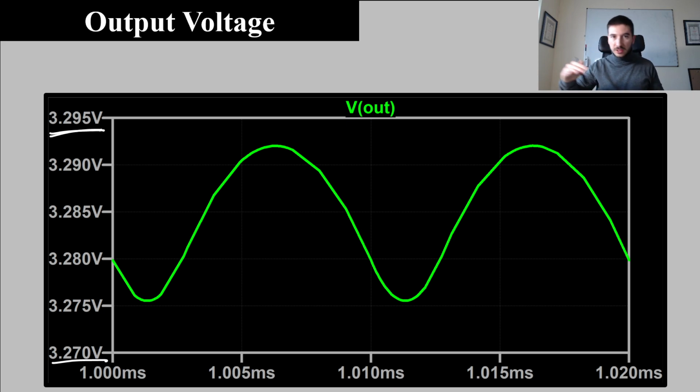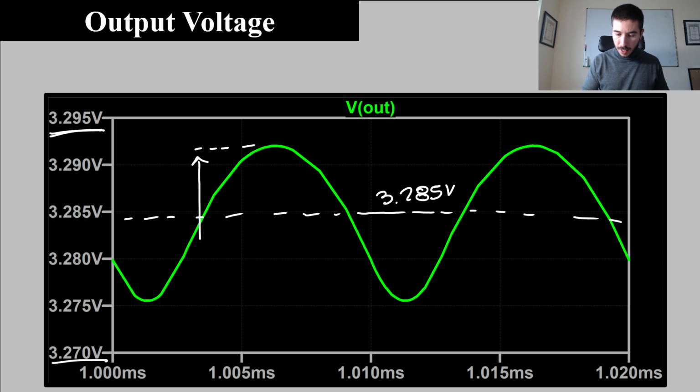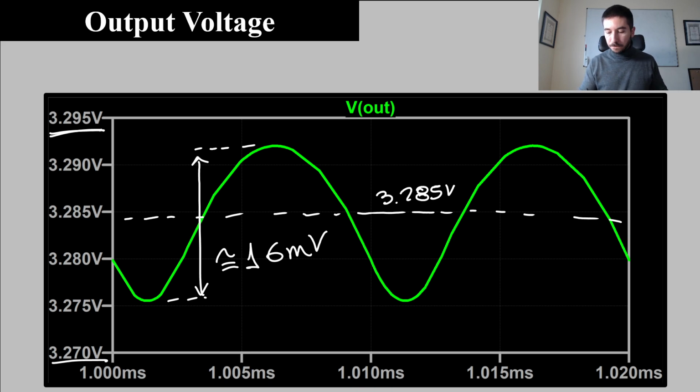The output voltage is very constant as we saw in the previous slide. Here we can see the average value is more or less 3.285 volts, and if you evaluate the peak-to-peak output voltage, you will see that it's close to 16 millivolts.